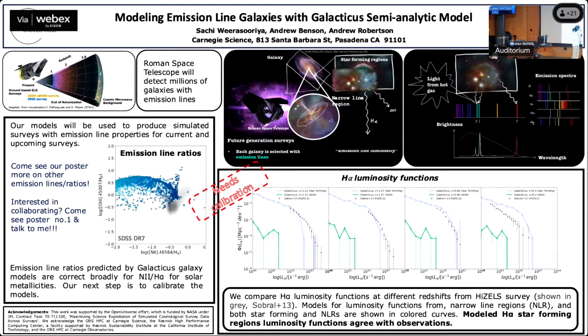And here you can see the observations in gray and models in blue and green. So it still needs calibration, not perfect, but we are getting there. We also have comparisons to BPT diagrams, emission line ratios, and it's not too bad, still need calibration.